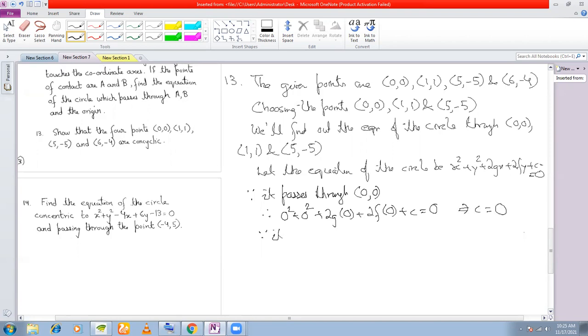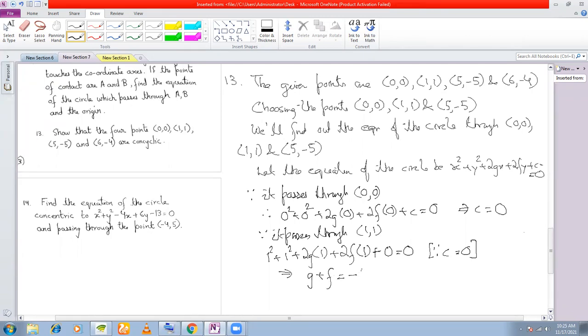Since it passes through 1 1, 1 square plus 1 square plus 2g into 1 plus 2f into 1 plus, and because we have got c is equal to 0, we put it equal to 0. Okay, so you get here g plus f is equal to minus 1. You call this equation number 1.